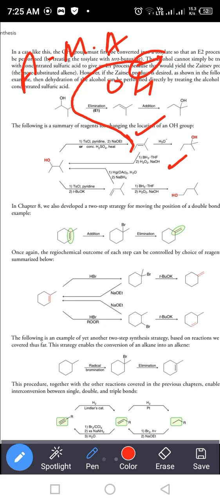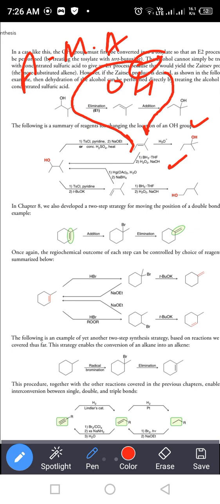And if you treat with water in the presence of acidic media, then OH will add through Markovnikov addition, and Markovnikov addition means OH negative will add on that carbon having less hydrogen or no hydrogen, then tertiary alcohol is formed. So this alkene can give secondary alcohol by anti-Markovnikov addition and give tertiary alcohol through Markovnikov addition.